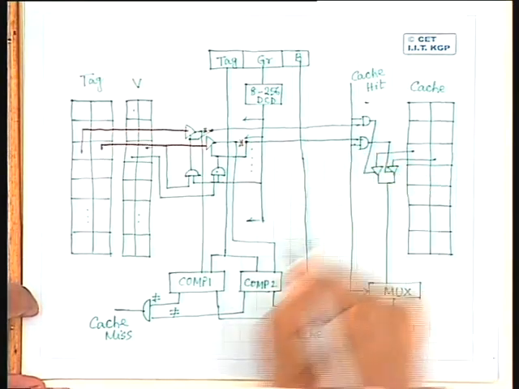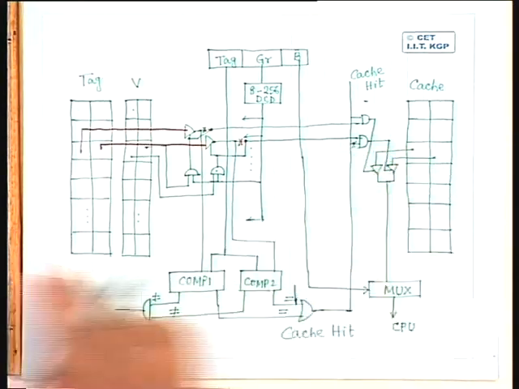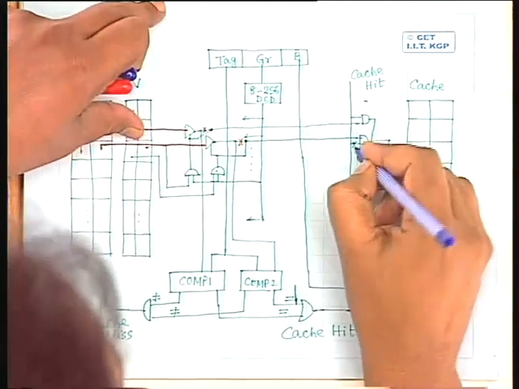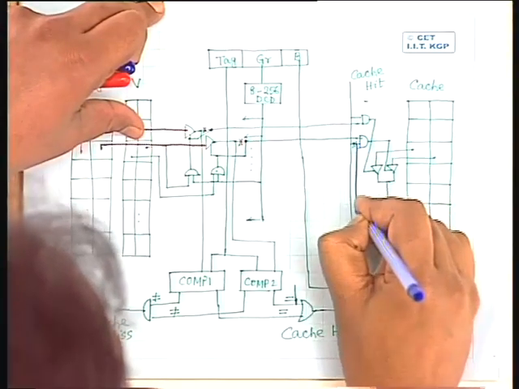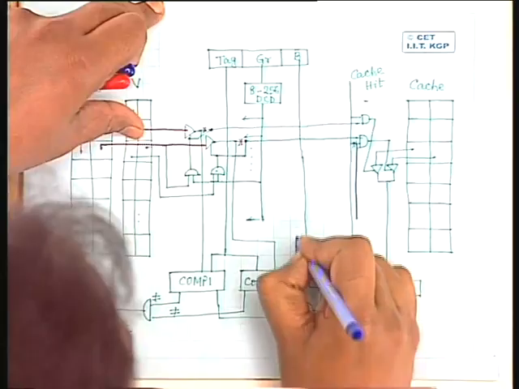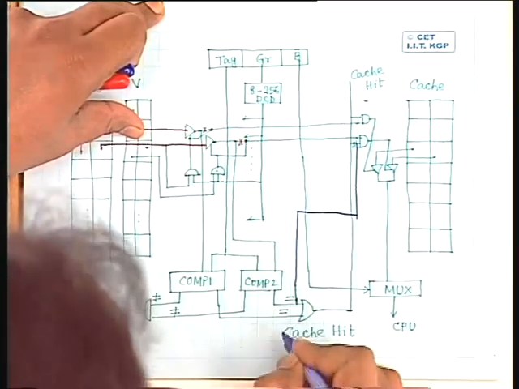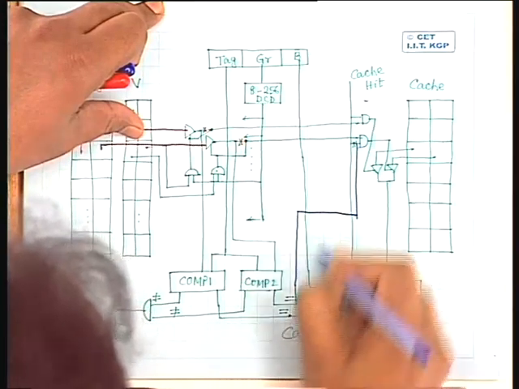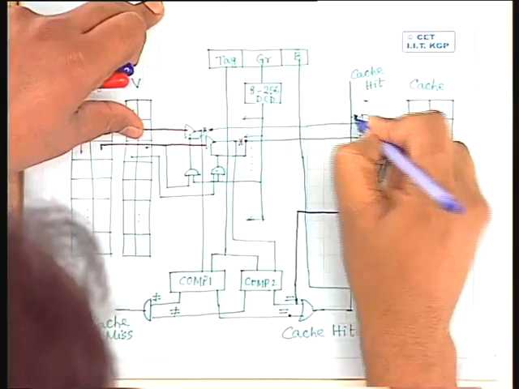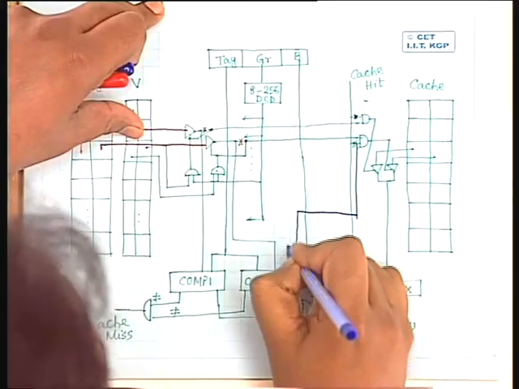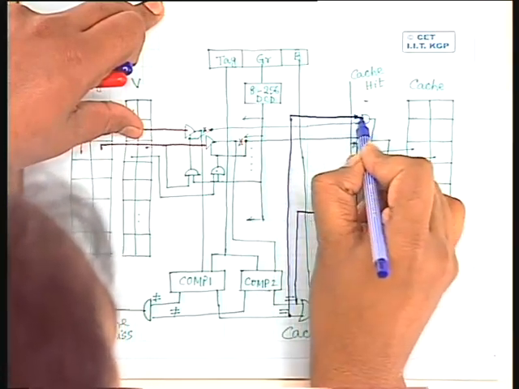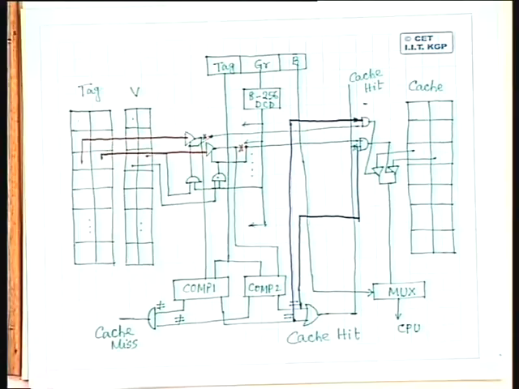So instead of taking the connection from here, let me connect this here. And the other one will go from this point, is it? So this one will be off. I have to take this output and with this one. This is okay? Yeah, that's right. Thank you.